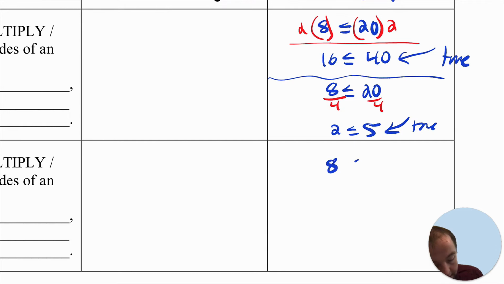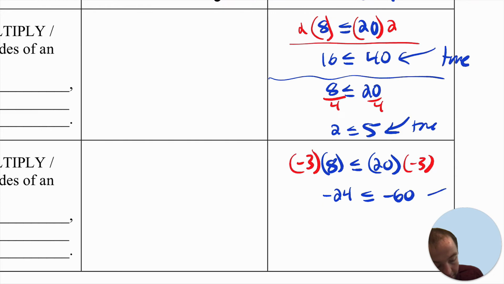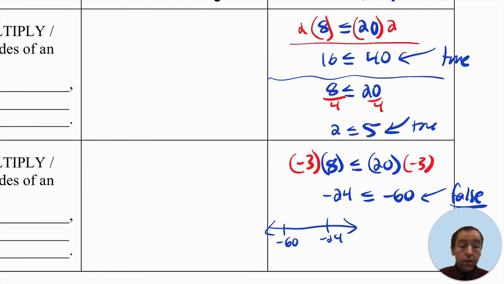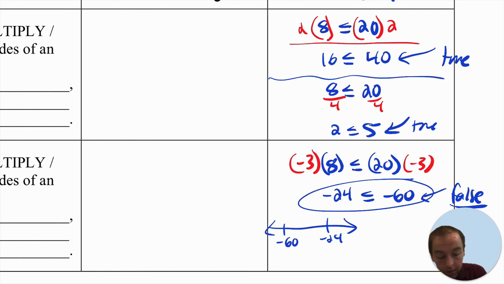If I take the inequality that we've got right here, and let's say we multiply by -3, then what we get as a result is that -24 is less than or equal to -60, but that is false. -24 is not smaller than -60, because -60 is down here and -24 is up there. -60 is smaller, but that's not what this statement is saying.